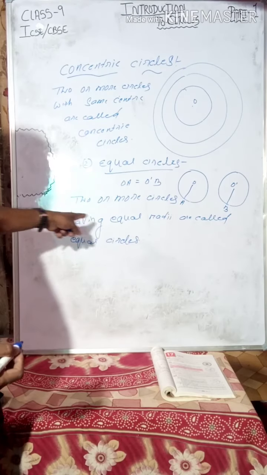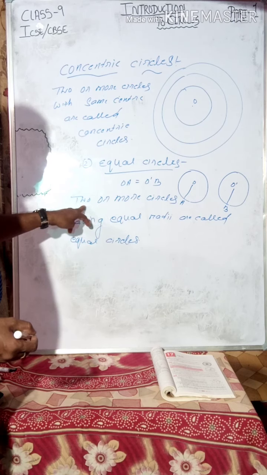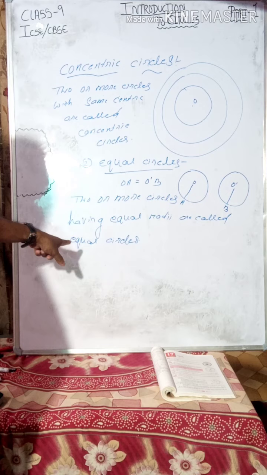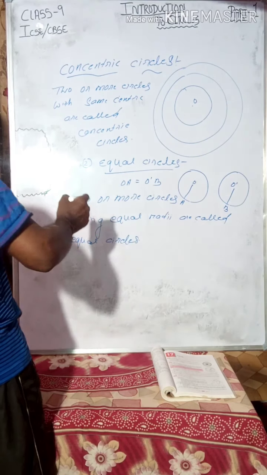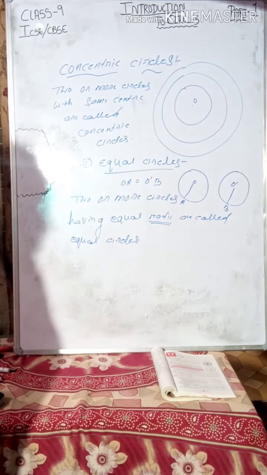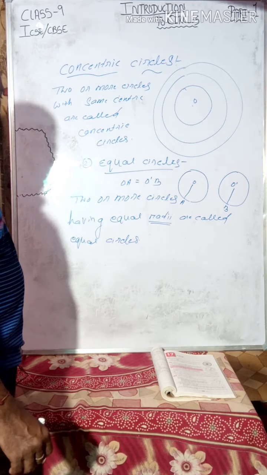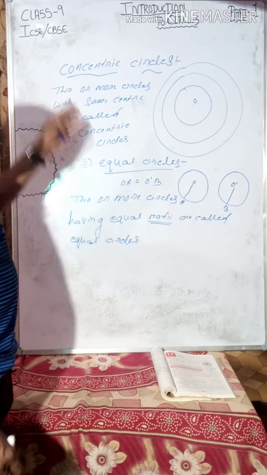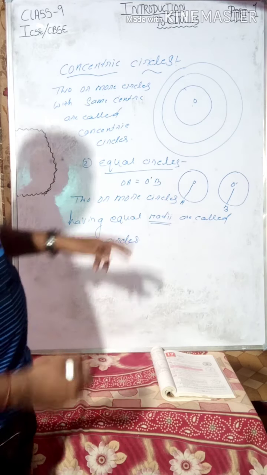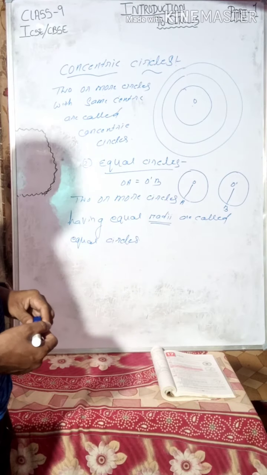So these are the equal circles. The plural form of radius is radii. Now concentric circles and equal circles are done. Then take a screenshot. We will go to the next point.